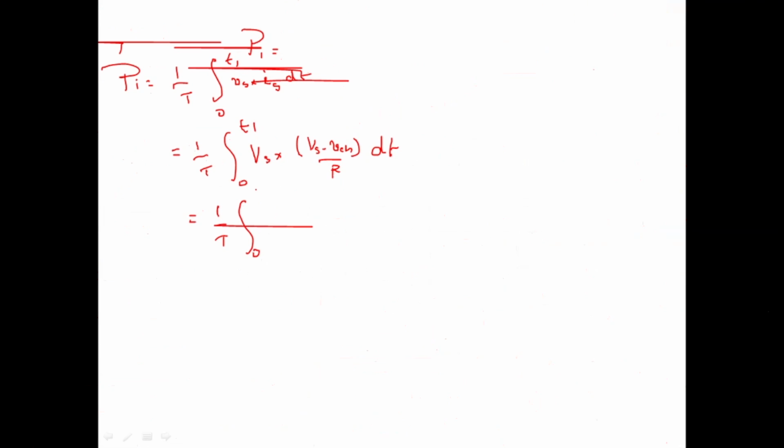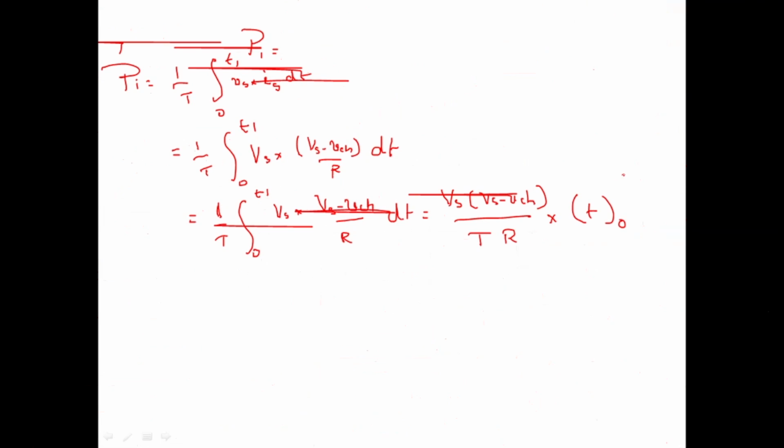integration 0 to T1. So Vs, I will write: Vs minus V chopper divided by R into dt. This Vs I will keep outside: Vs into integration 0 to T1 of (Vs minus V chopper) divided by R into dt.